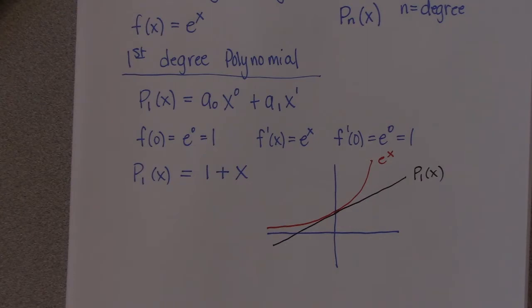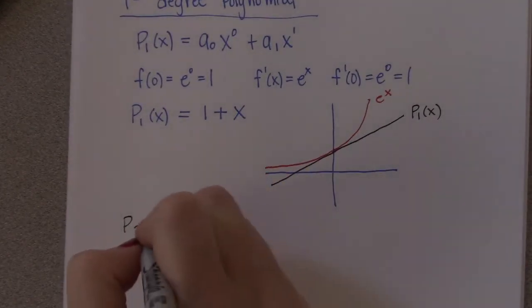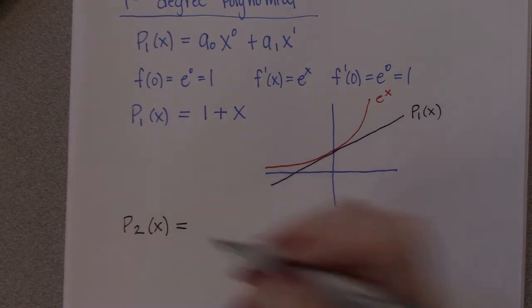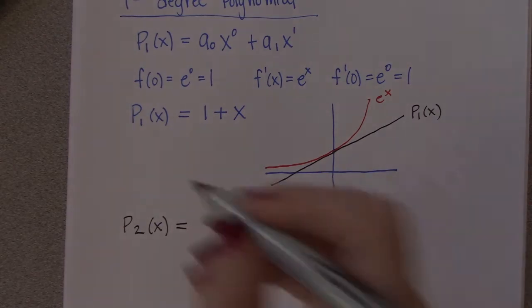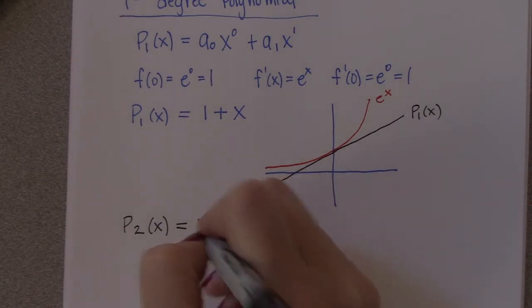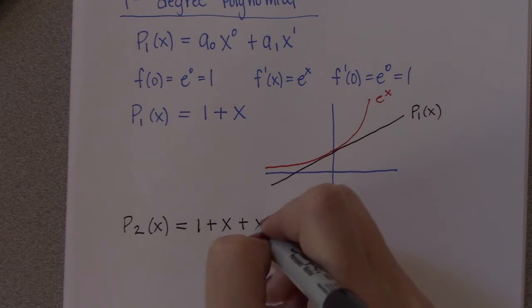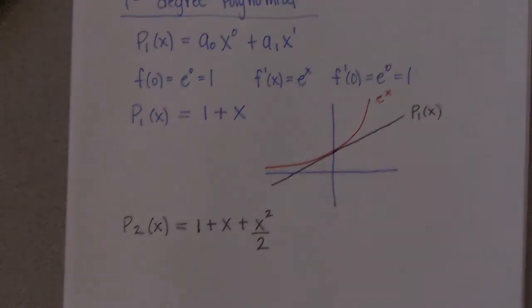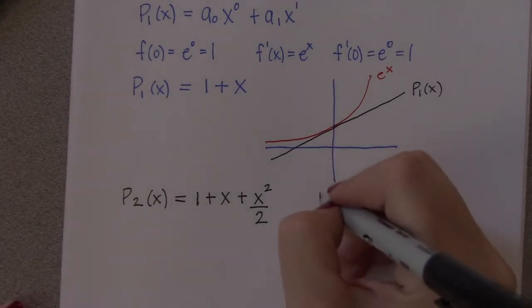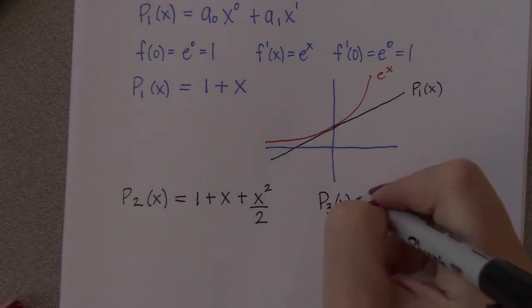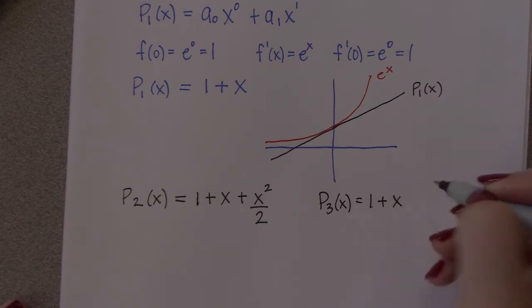So if we look at the second degree polynomial, we already said the coefficients are going to be 1, but in actuality, there's a little extra step. So the second degree polynomial is here. And I'm going to go out one more and show you the third degree polynomial.